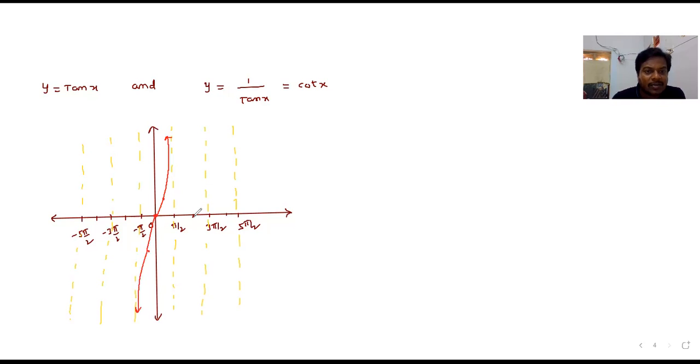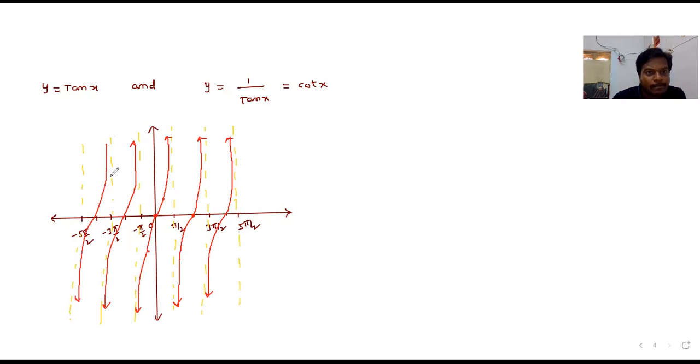Next, at 2 pi it is 0, and again the same graph repeats like this. By substituting the values, we get the graph of tan x like this. This is the graph of tan x.